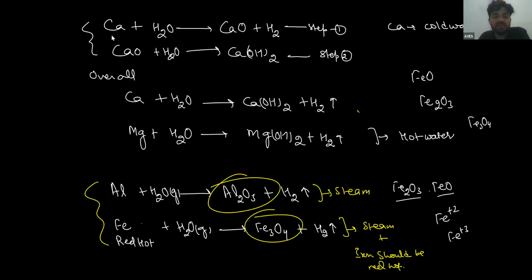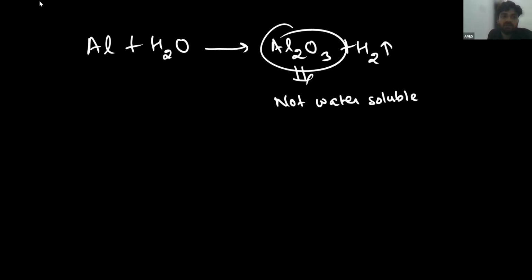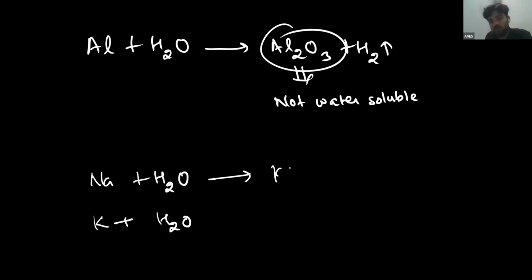The first condition is with sodium and potassium. Sodium and potassium are the two metals that can react with water at all temperatures, giving KOH and hydrogen gas.